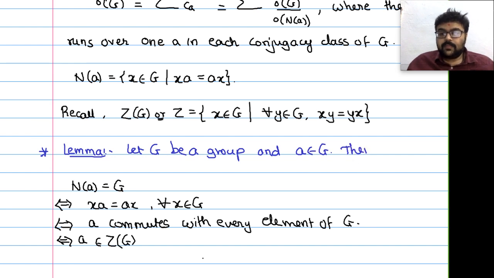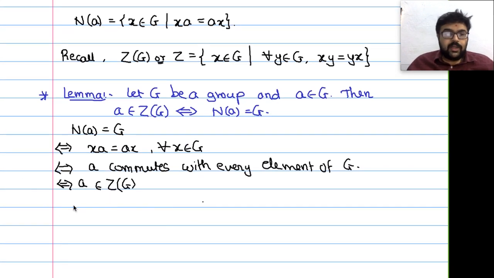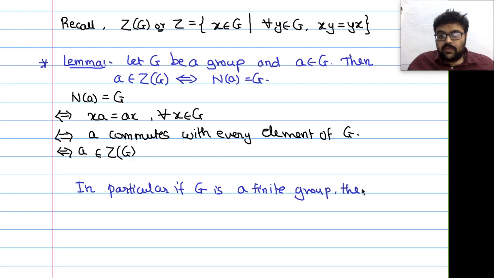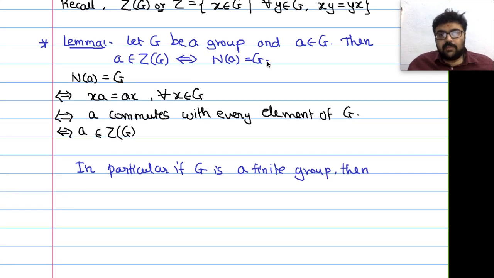Then we have A in Z(G) if and only if the normalizer of A is the whole group G. So in particular, this is true for any group, but in particular if G is a finite group, then we have the same thing, but we can compare the order. So the order is equal.